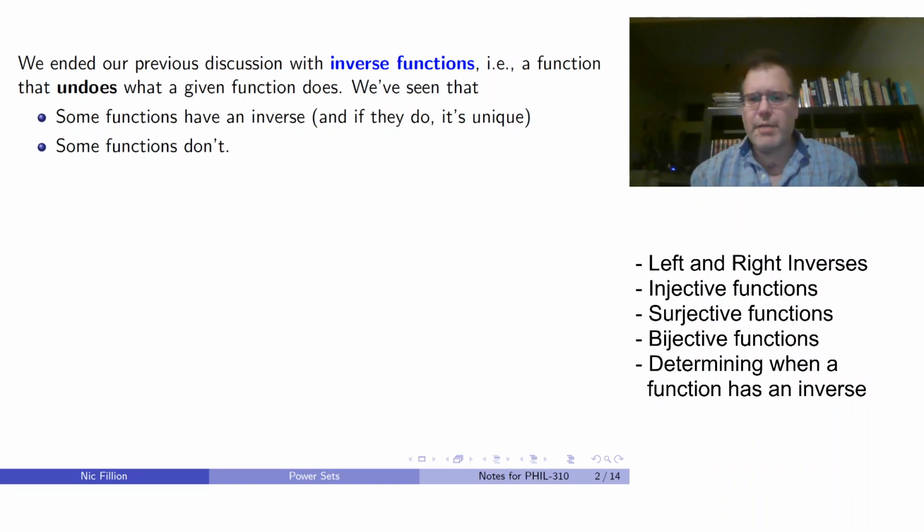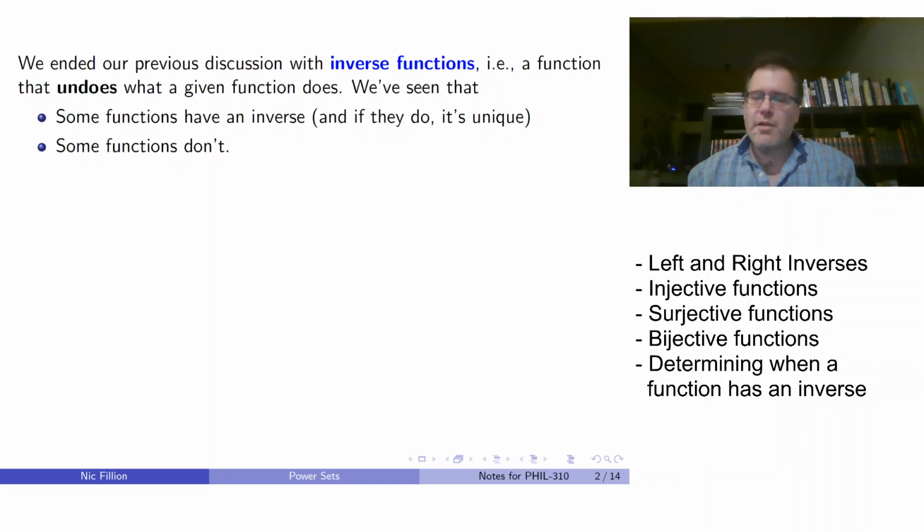And I talked a little bit about the fact that I don't like the way people usually talk about it in terms of whether the inverse exists. I mentioned that all functions have an inverse relation, and that's really when we're asking if an inverse exists, we're asking whether the inverse relation is indeed a function.